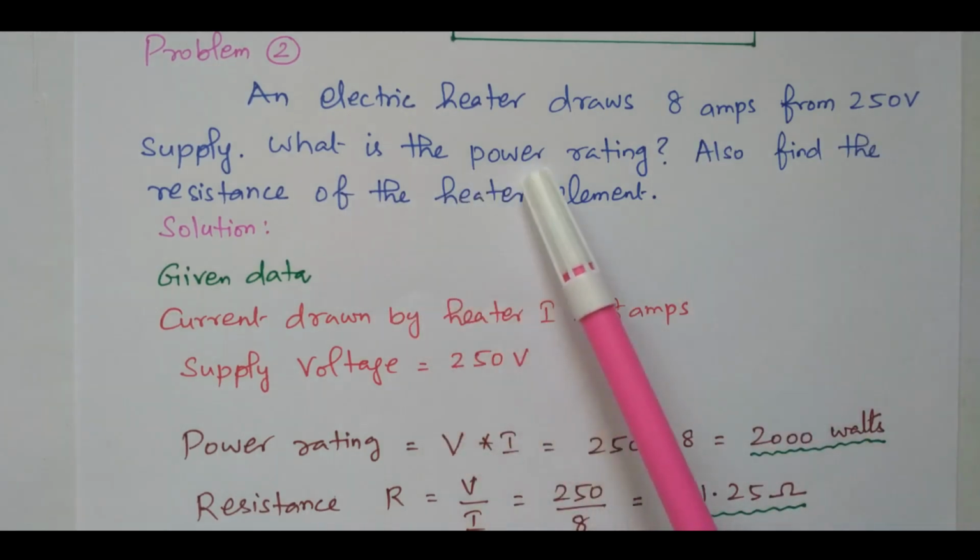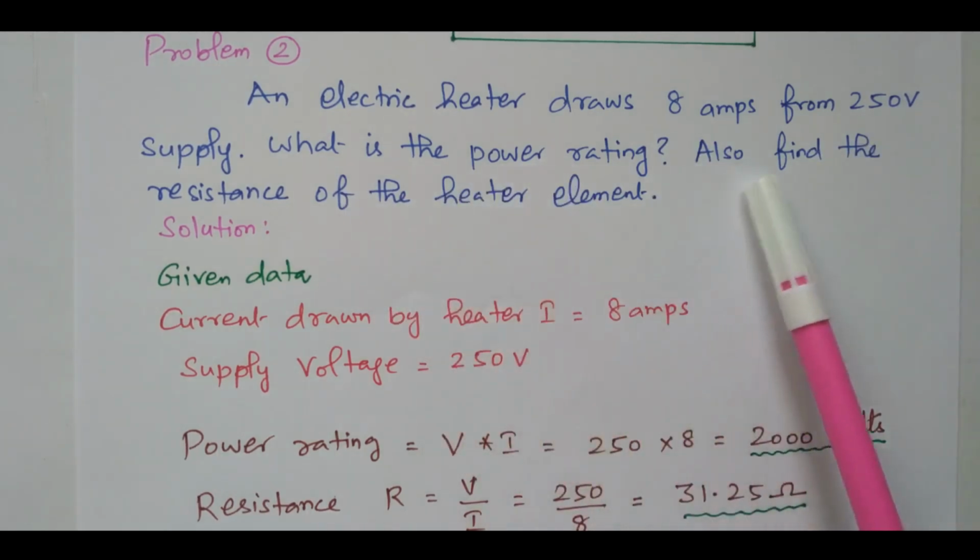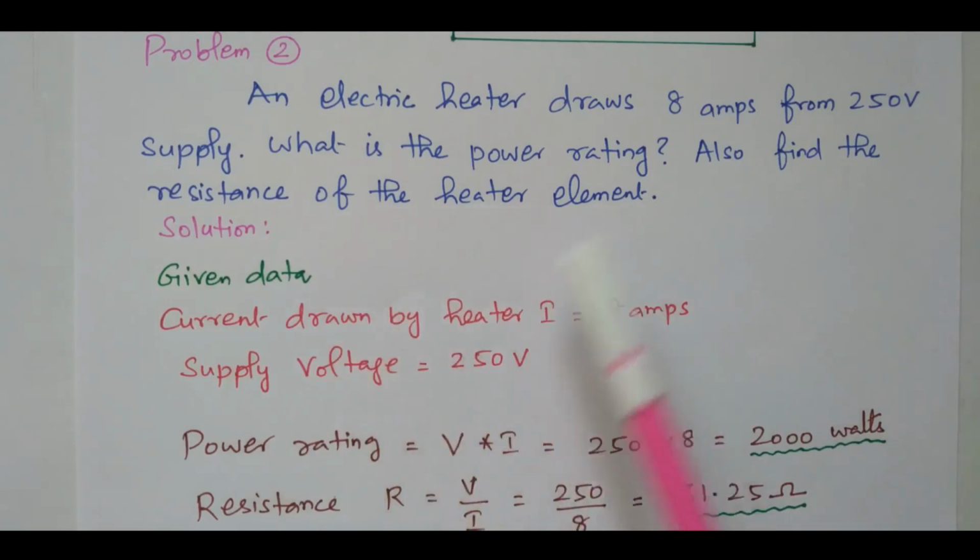What is the power rating? And also find the resistance of the heater element. Two questions we need to find: the power rating and the resistance of the heating element. The given data: the current drawn is 8 ampere, and the supply voltage is 250 volts.